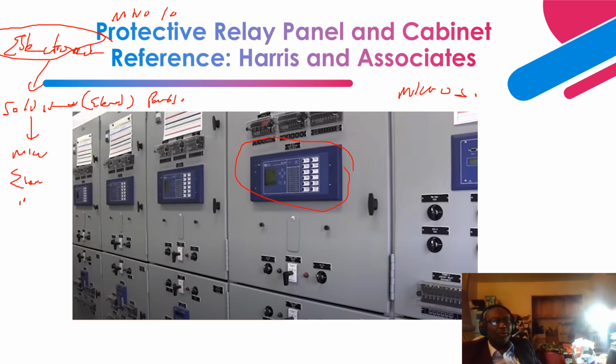In the past, many decades ago, for transformer protection with electromechanical relays, you could have about 8 relays. For generator protection, you could have like 15 electromechanical relays. If you add solid state relays, you could have about 4 or 5. But for microprocessor relays, all you need is a single protective relay that has all these elements.